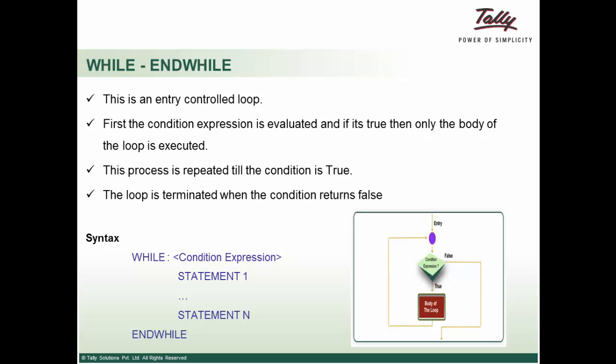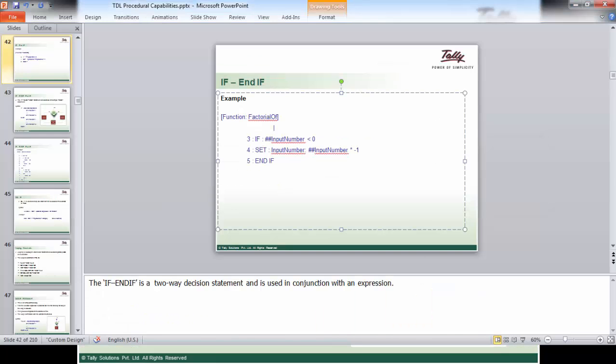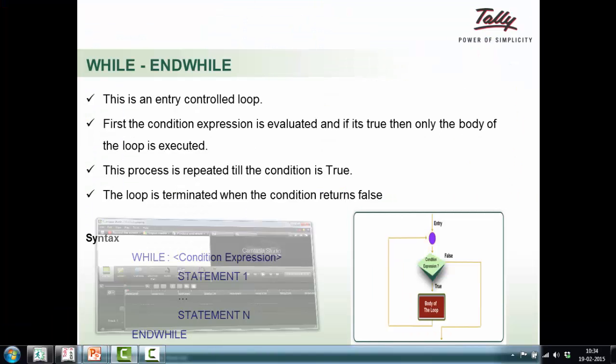The statements mentioned in this loop will continue to get executed till the specified condition is false. So the moment the condition is false, the statements being executed will terminate. So that is the while loop, and this is what we have used for our factorial code.